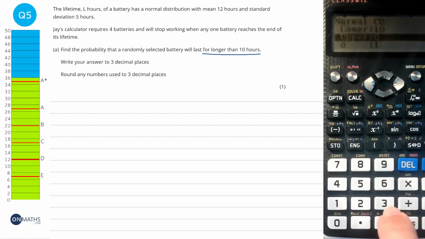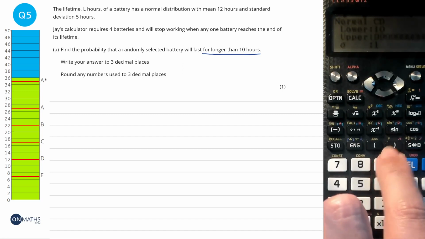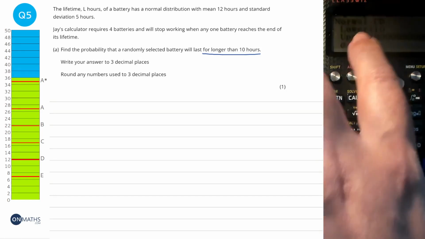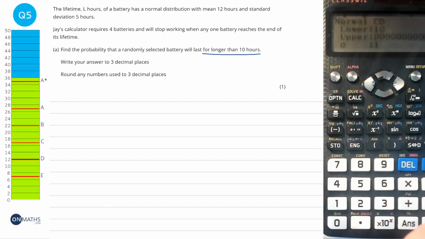The upper amount, we're just going to put a really large number. So what you can do is do 9 times 10 to the power of 99, or just put loads of 9s in. Essentially what is going to happen is the normal distribution is a bell curve, so the probabilities are very, very tiny to the far right of the graph. So we just want to put a number that's big enough that it's not going to affect our answer.